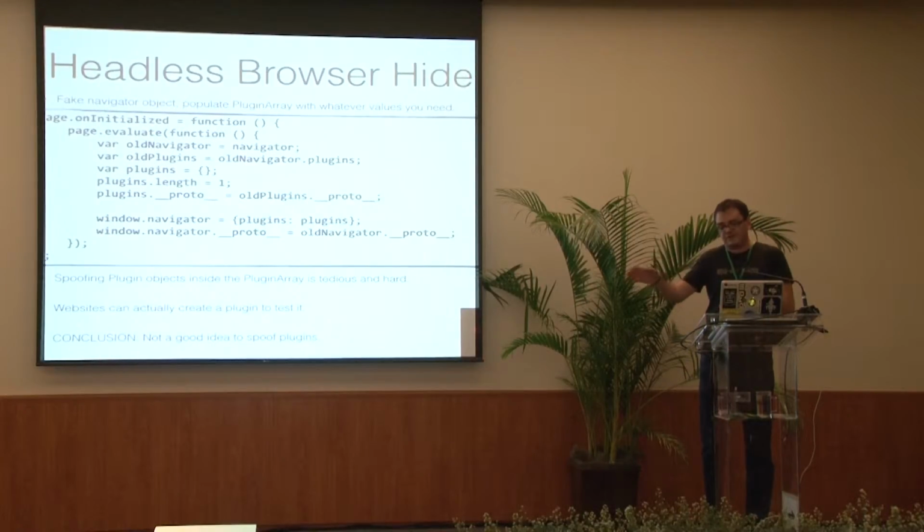We know that the original navigator object is read-only, but the reference to the navigator object isn't read-only. So you can just point the original navigator reference to your newly created navigator, and that's the trick.